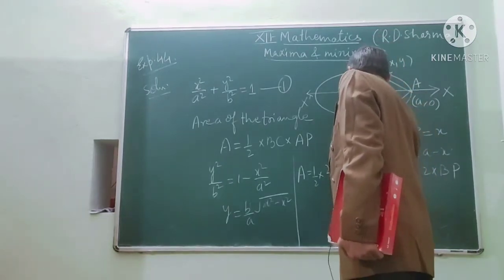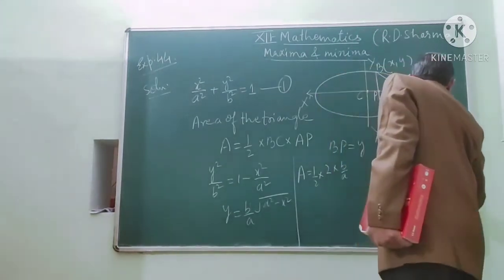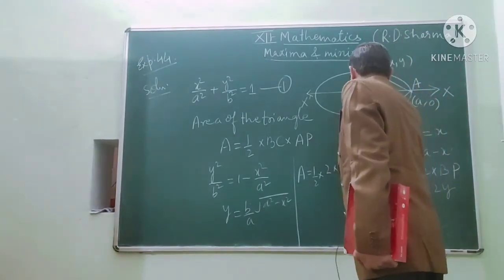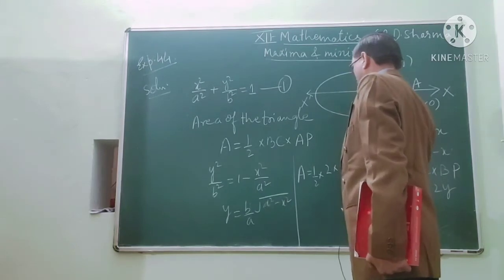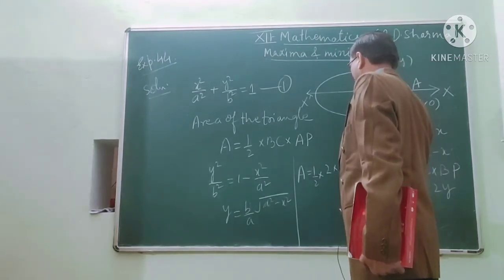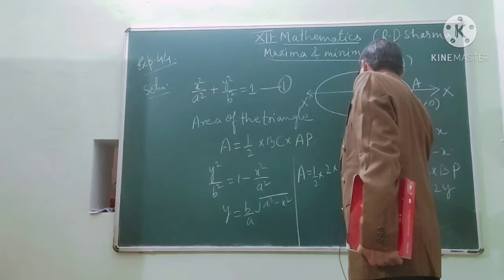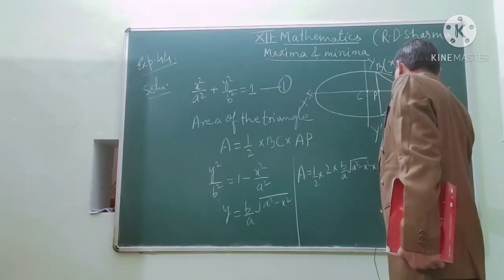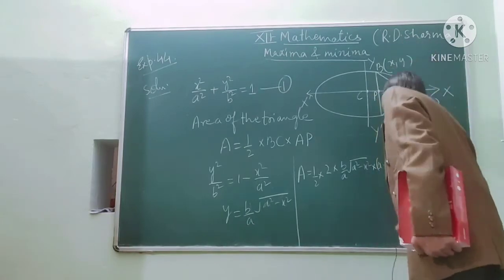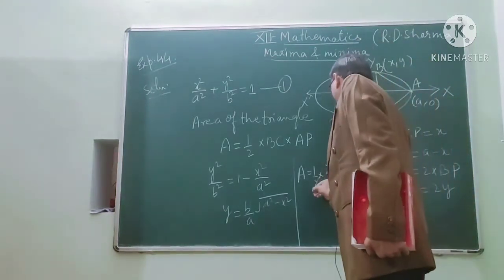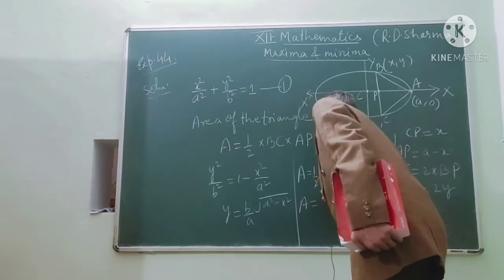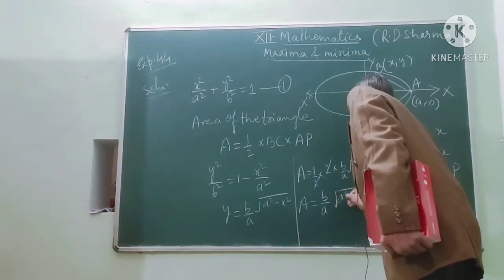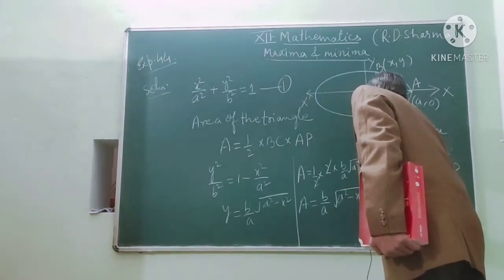BP is b upon a root a square minus x square, so 2 cancels. So the area becomes b upon a into root a square minus x square into a minus x.